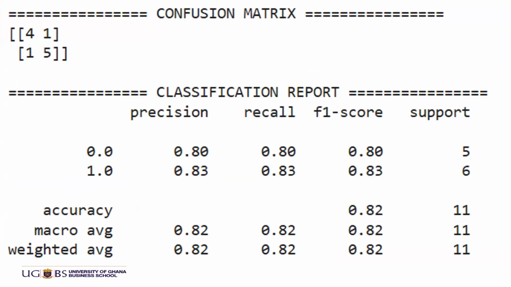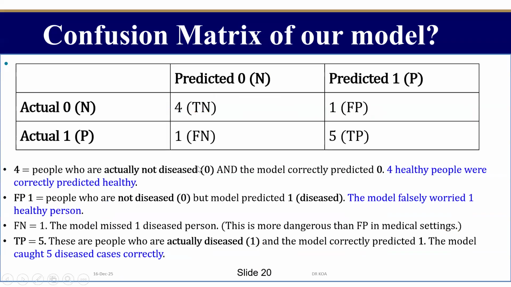And again, when you come here, you will see that precision is 83%. We are talking about precision for the disease cases. If you want it for the not disease cases, that's going to be 80. So you can use that to get the precision, which is 83.